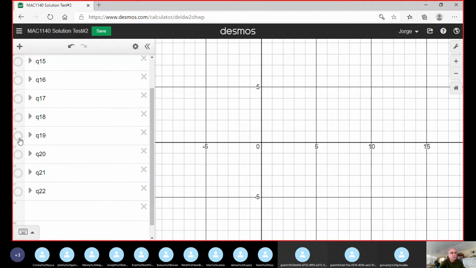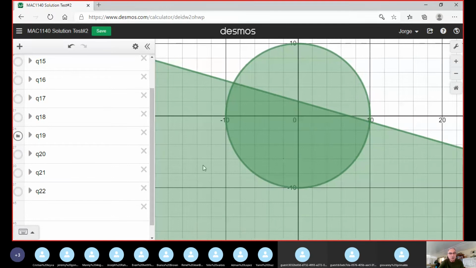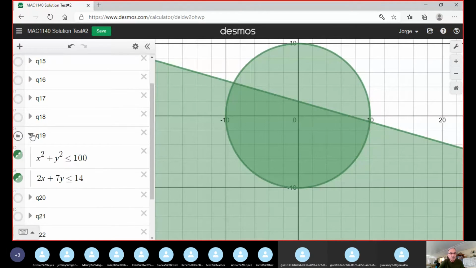Now 19. Boom. In this case, I'm using green color. Look, I put the equation, and that's more fantastic because you don't need to isolate. You put the equation directly in implicit form. Remember in algebra, equations can be written in two different ways: explicit or implicit.